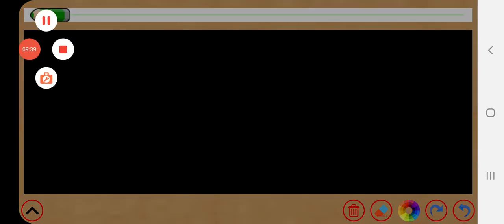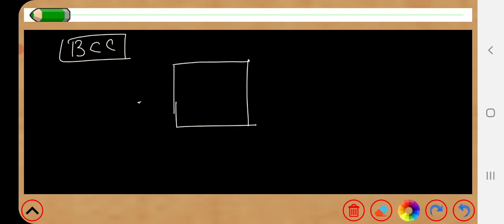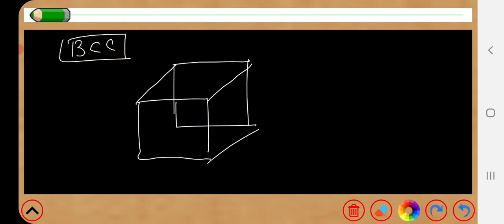Similarly, if we move to the BCC structure, body centered cubic, it is similar to the simple cubic, with only one difference: at the central part of the body there is another atom. So if I add all these corner atoms, it forms like a simple cubic structure.